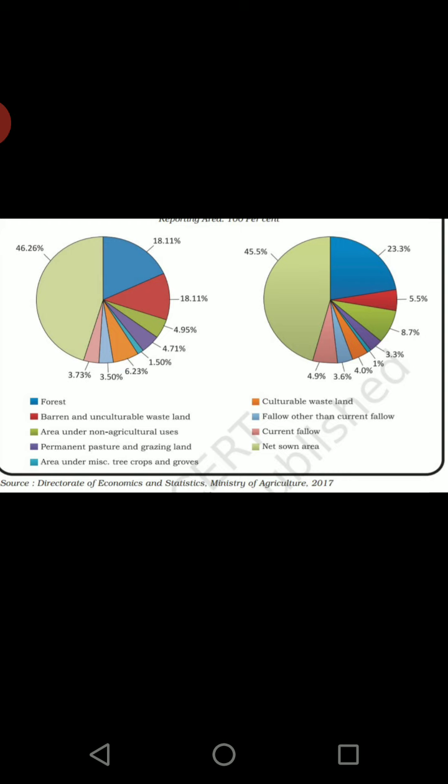Now plantations, if you remember, are a type of agriculture where a single type of plant is grown on a huge amount of land, like sugar cane, tea, coffee, banana, rubber.